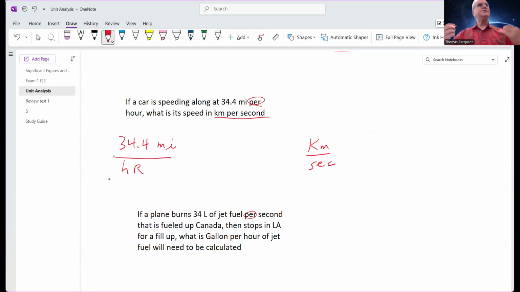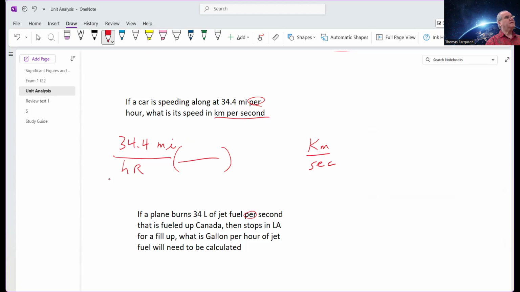All right, and it doesn't matter which you do first. Which one do you want to do first? Miles to kilometers, okay? Oh, I'm sorry, you meant the hours of the clock. Yeah, those are the two sub-problems you have to work. You have to work them separately. It doesn't matter which one you do first.